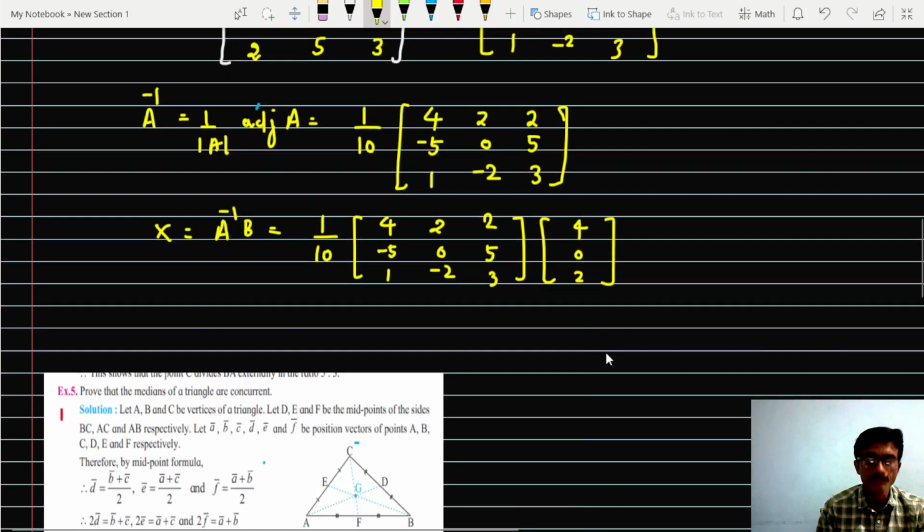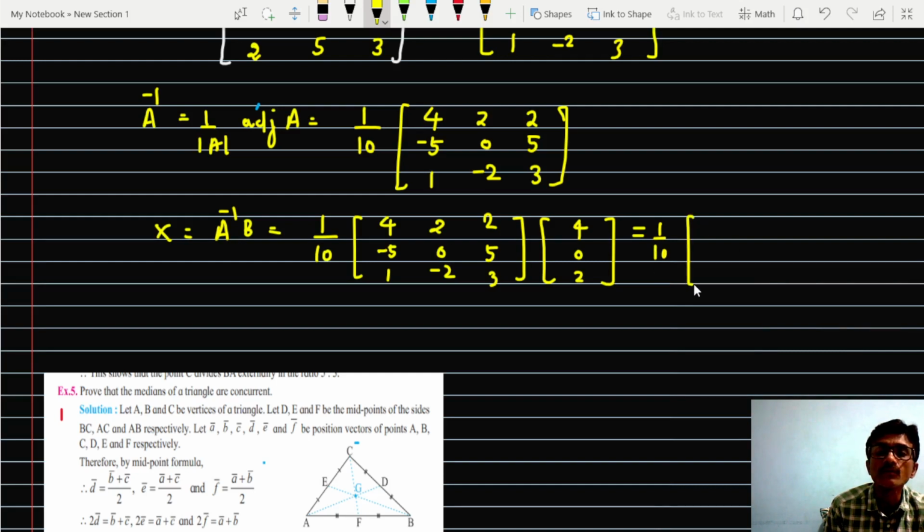Multiplication will be, see here, 1 upon 10 into first row into column, that is 16 plus 0 plus 4, which is 20.